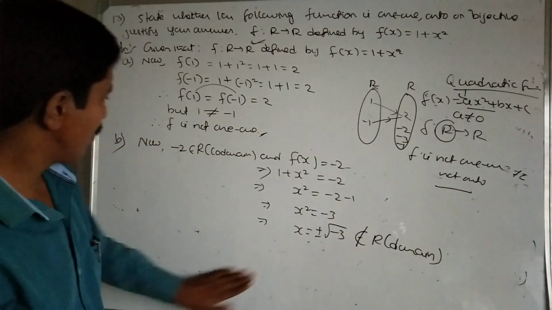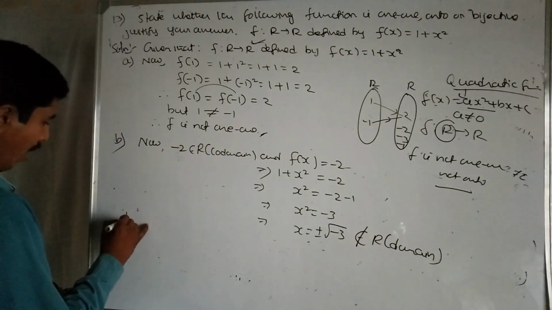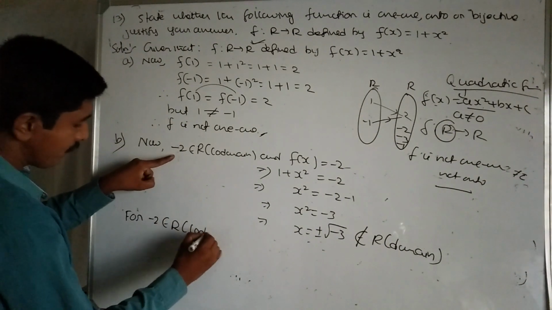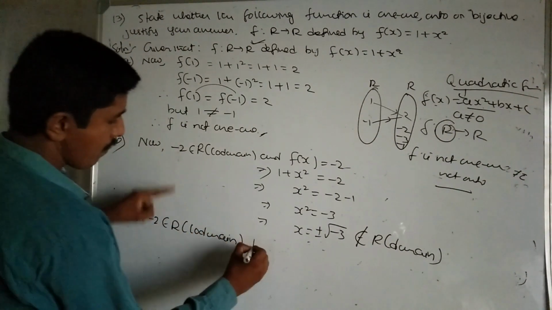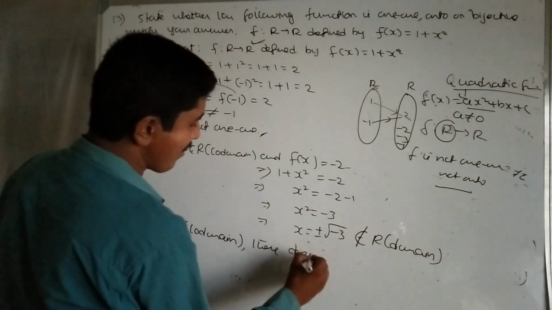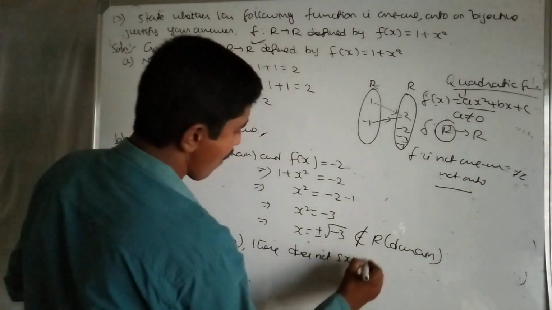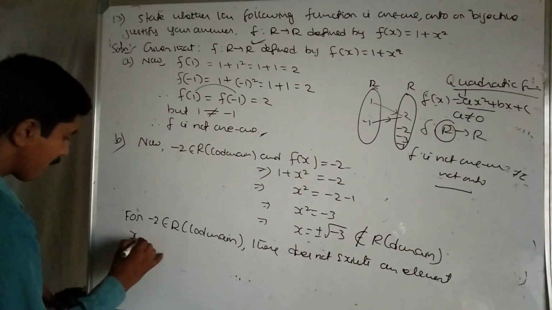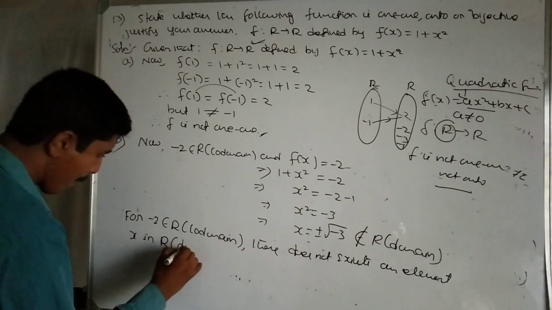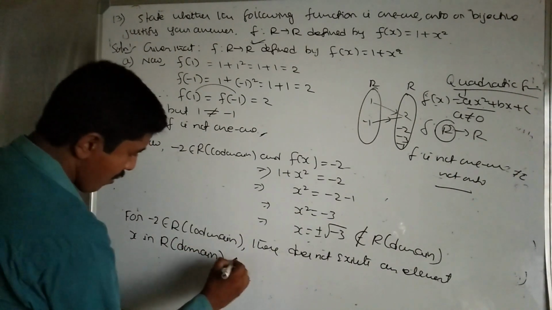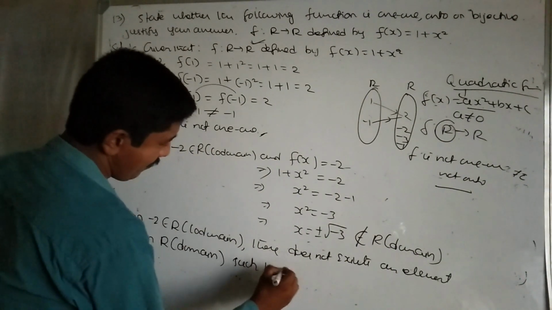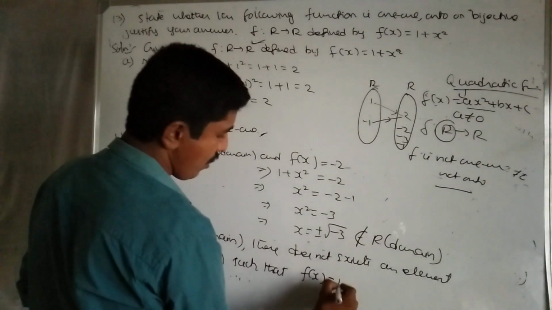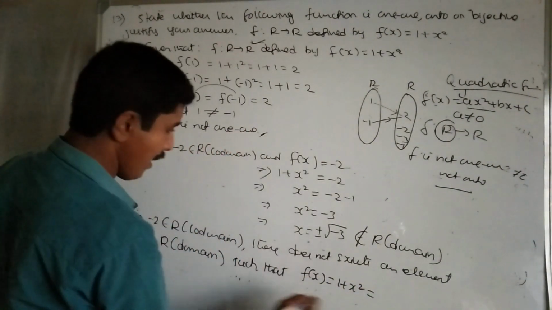Finally, the statement: for minus 2 belonging to our codomain, there does not exist an element x in our domain such that f of x equal to 1 plus x square equal to minus 2.